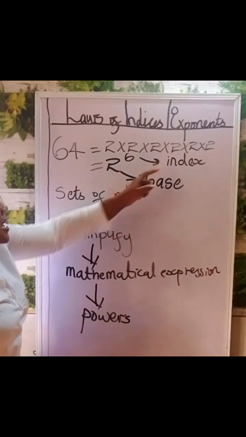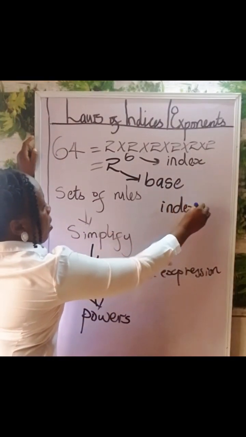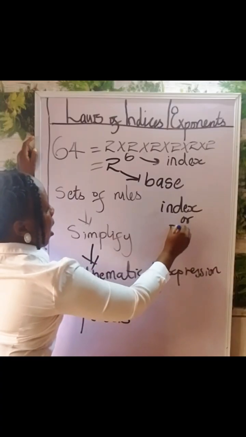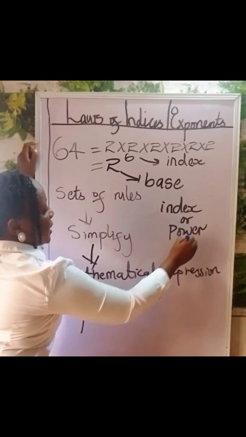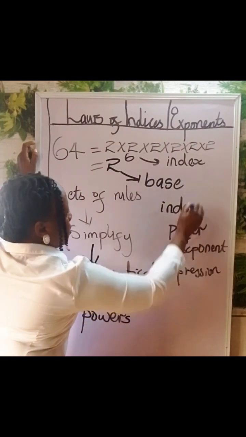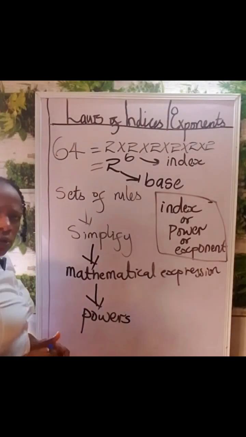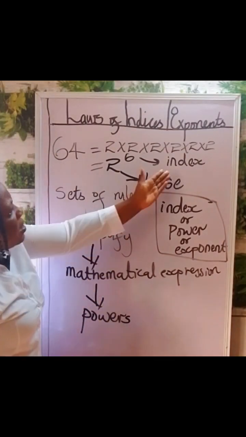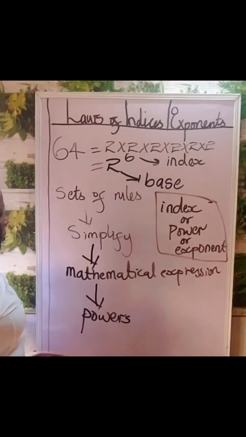This index, you can call it index, or you call it power, or you call it exponent. They are the same thing. So someone will ask, why are you writing index when you have indices here? Very simple.